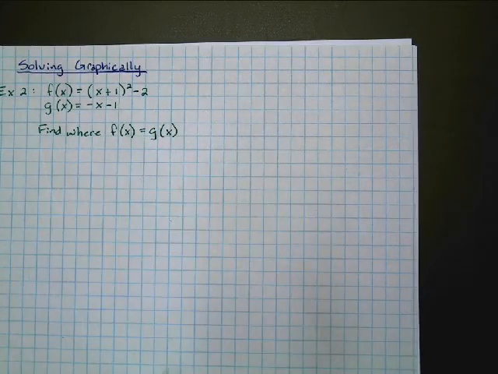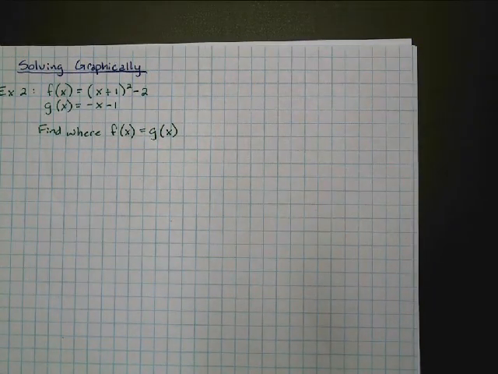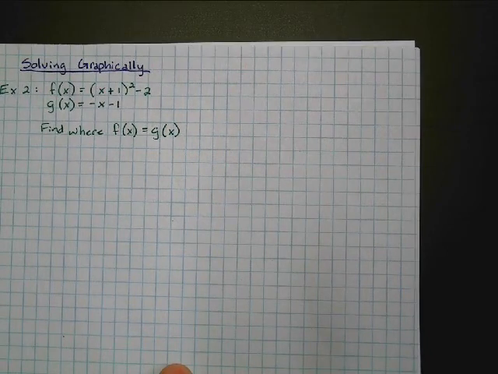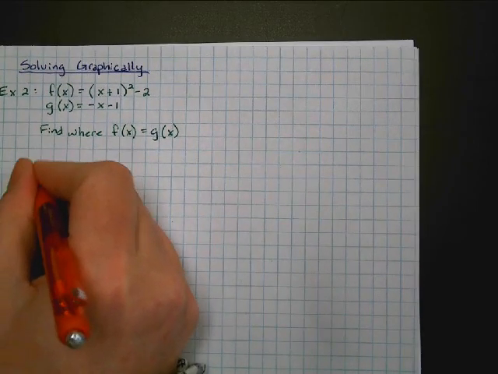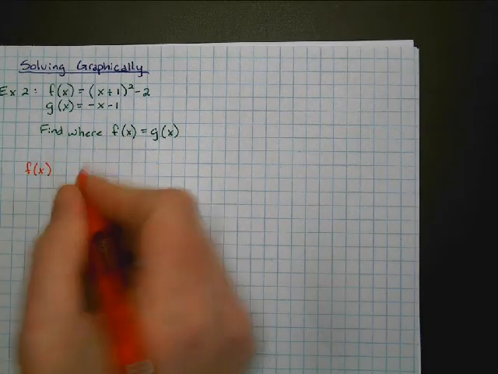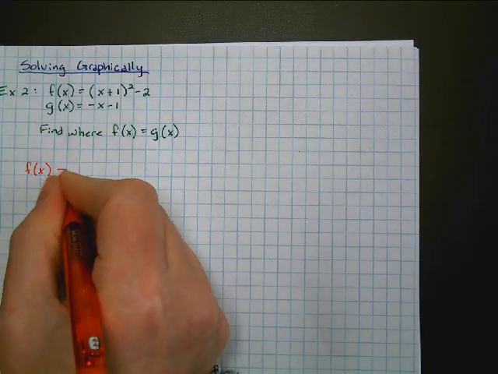So instead of solving algebraically now, I'm going to graph these. Remember, when we graph them, wherever they intersect, the x values of the intersections are our solutions. So first, I'm going to take f of x and look for its vertex.